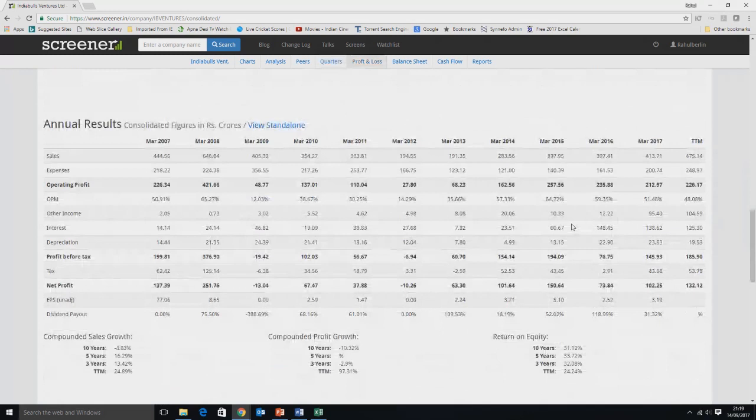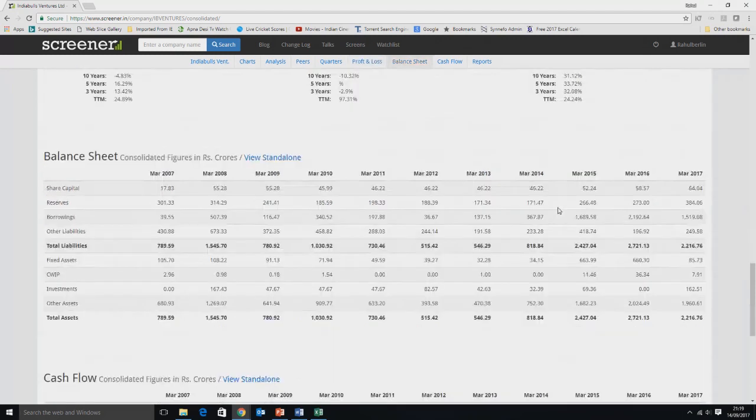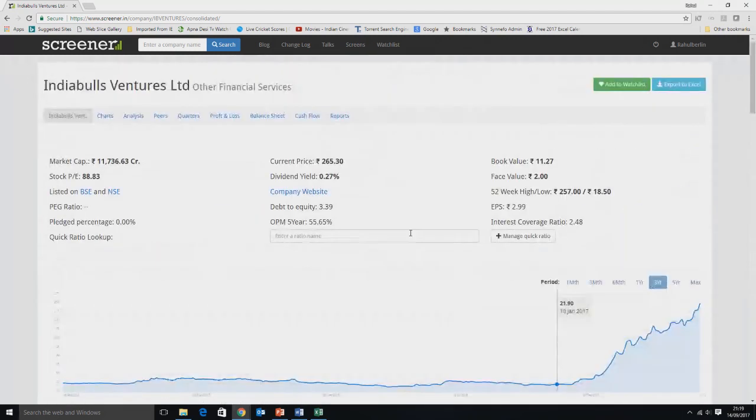And expense operating profits annually 257, 235, 212, 226. So more or less okay. Means this company is doing okay. And let me see if they have any pledge percentage, none. They don't have any, and the EPS is 2.9. So let's have a look at the website.